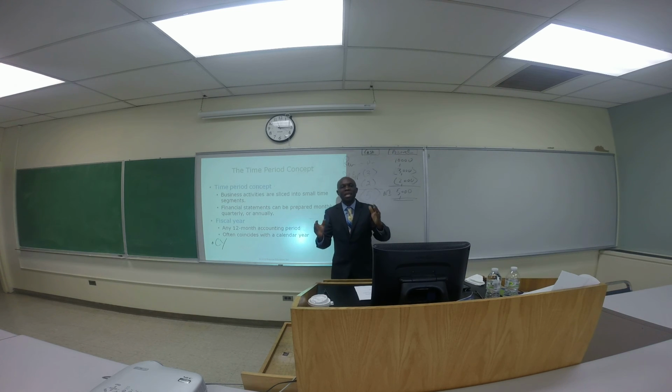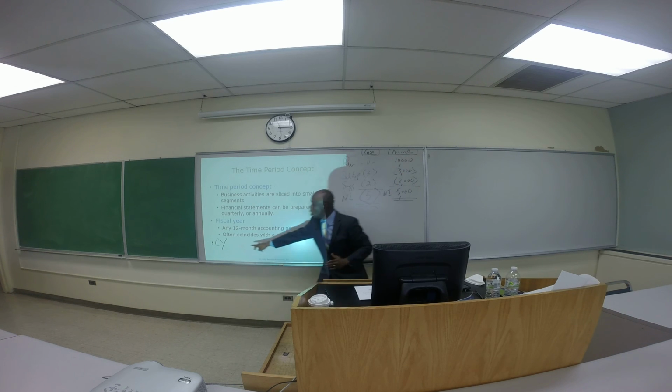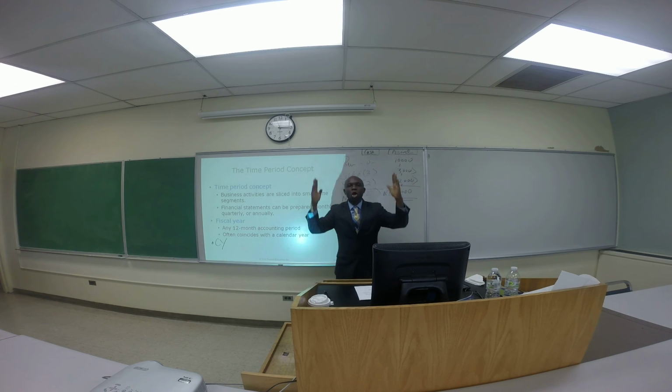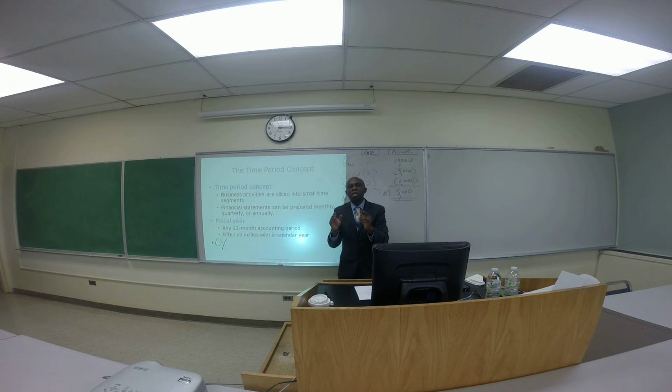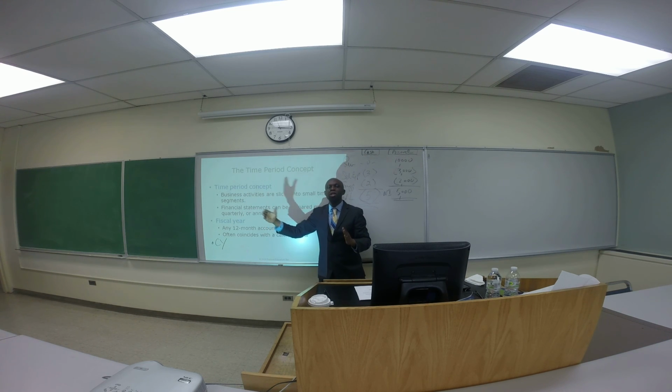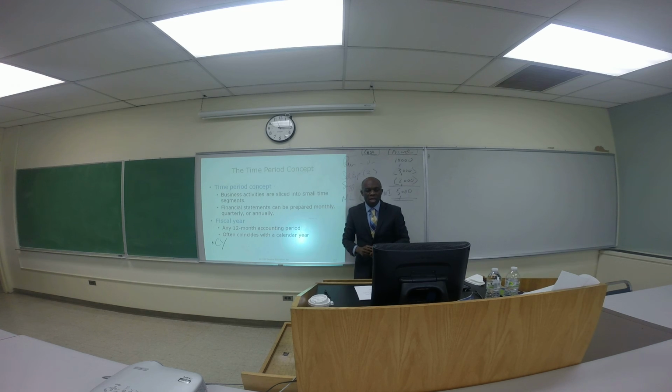If it is calendar year, that means your accounting year is consistent with the calendar, January 1st through December 31st. So we call that calendar year. Some companies are on what we call fiscal year, meaning 12 consecutive months other than the calendar year. For example, from July 1st this year through June 30th the following year. So we call that a fiscal year.